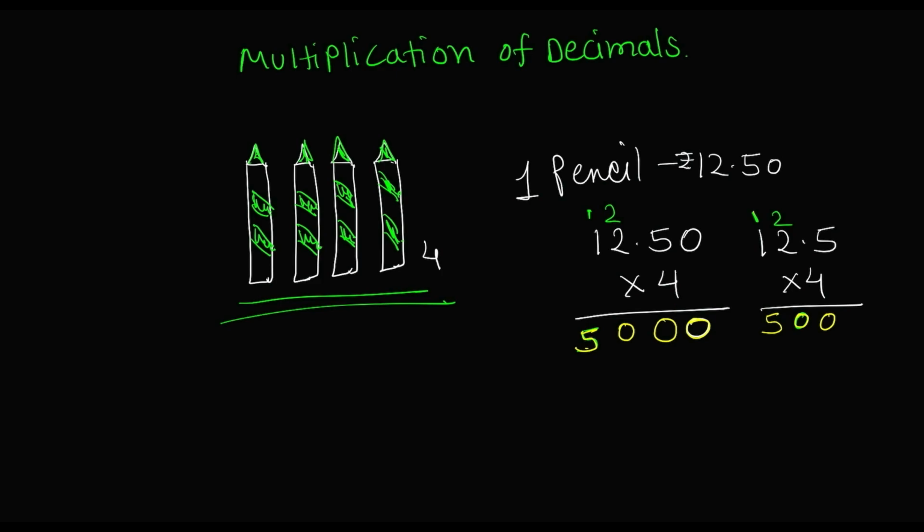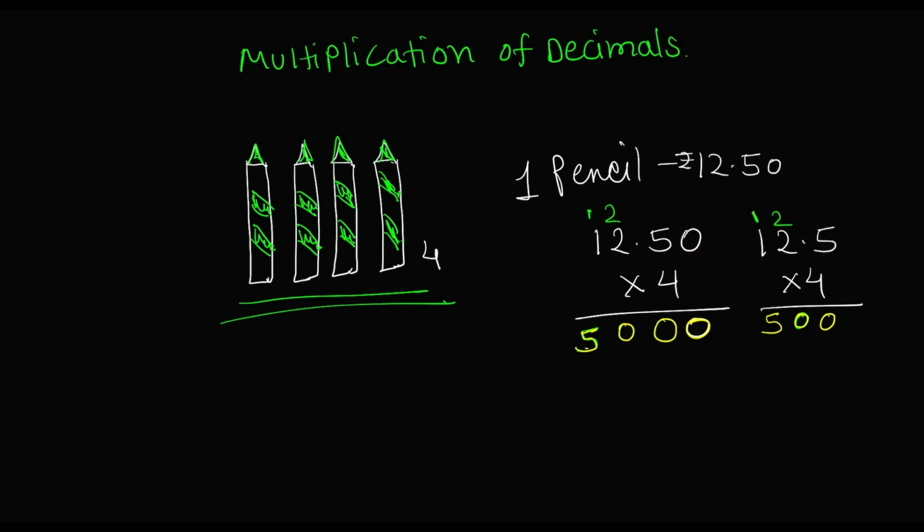Now here is the important point. Count the decimal places. There is one decimal place after the decimal point, or we can count 2 digits if we keep the 0 here.